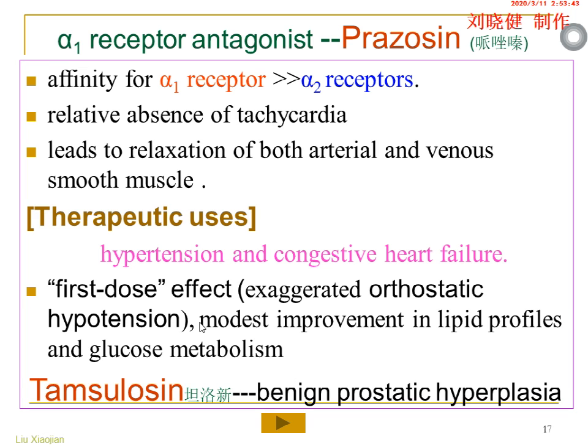Tamsulosin. This drug is also a selective alpha-1 receptor antagonist. It has relatively higher selectivity to the prostatic glands. So it is mainly used to treat benign prostatic hyperplasia to improve the patient's symptoms, promote urination, and relieve the difficulty of urination in these patients.